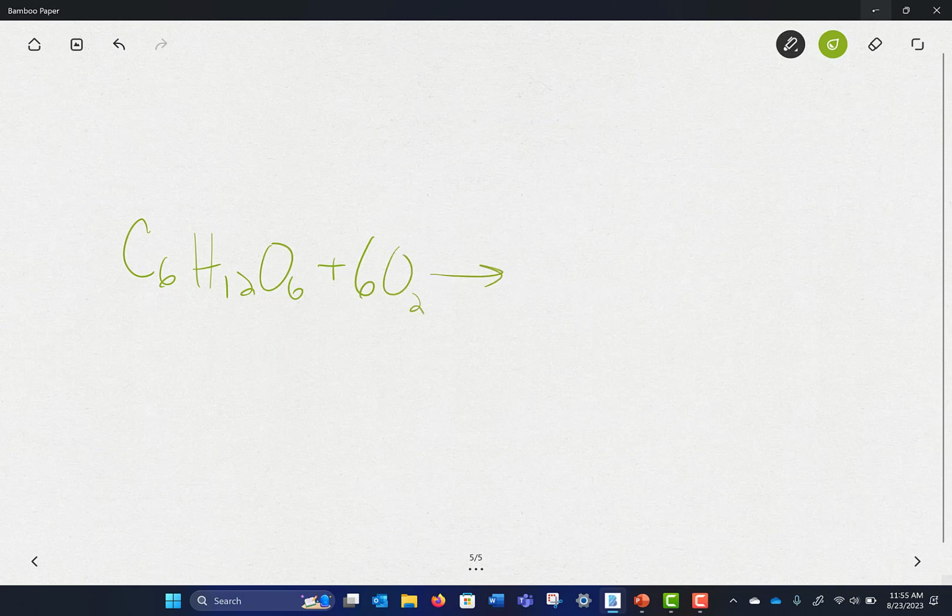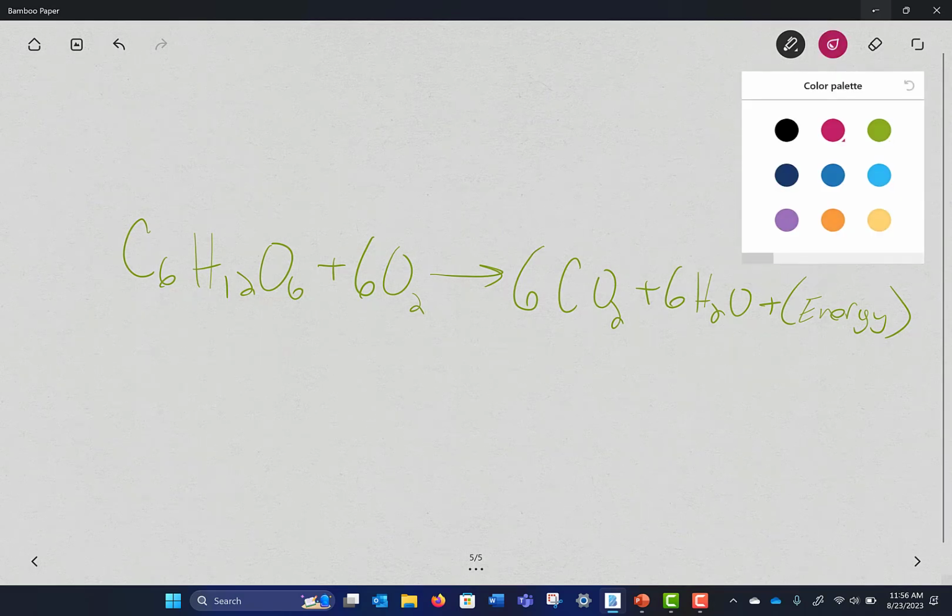They go through a reaction, and the products are 6 molecules of CO2, 6 molecules of water, and energy. This is how your body takes the food that we eat and turns it into energy that our body can use. This is a redox reaction.